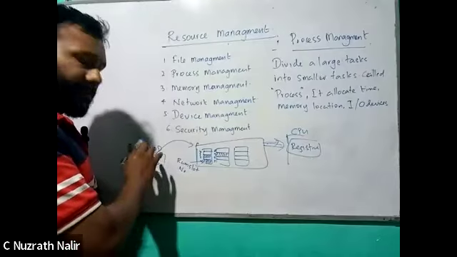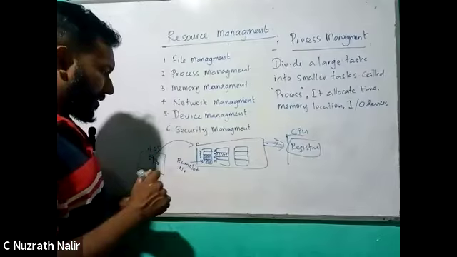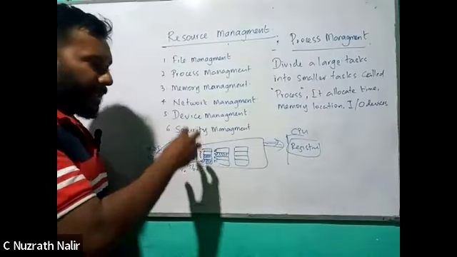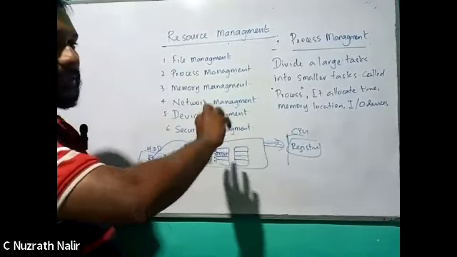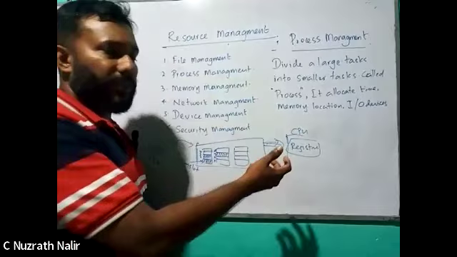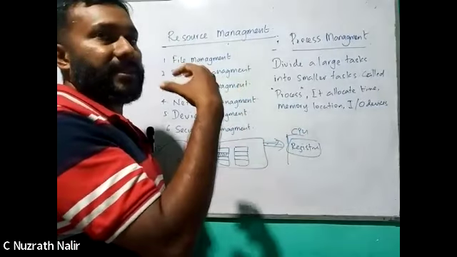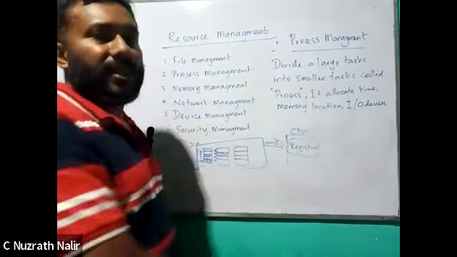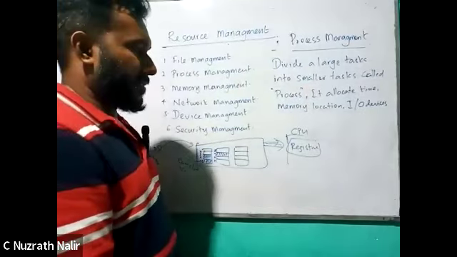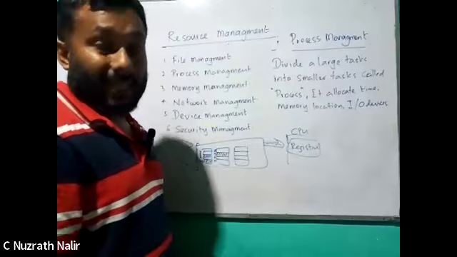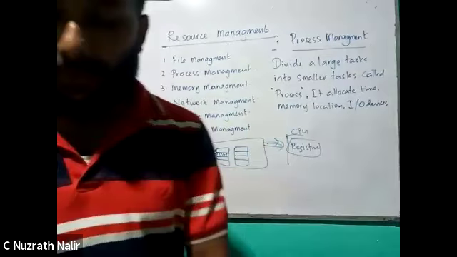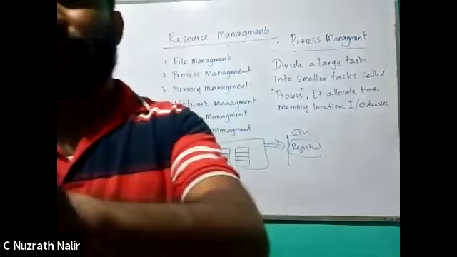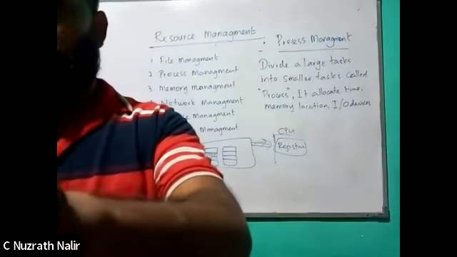So from this you can see that it runs into the RAM and everything is loaded into the registry, and the registry is controlled by the control unit, which reads the instructions and sends them to the ALU.